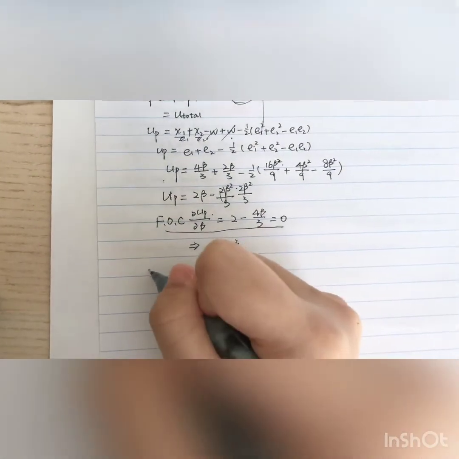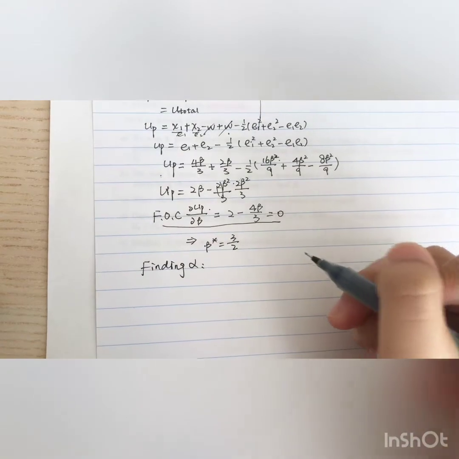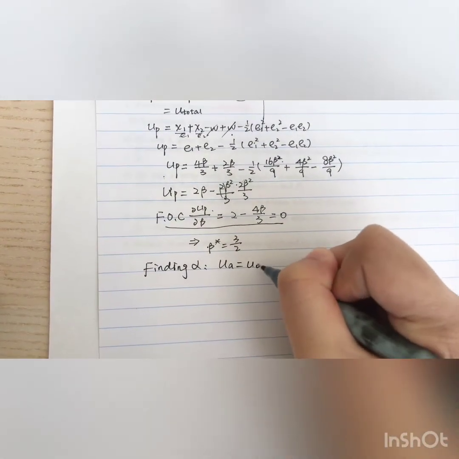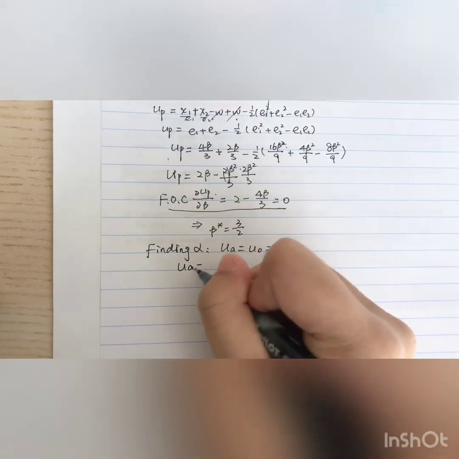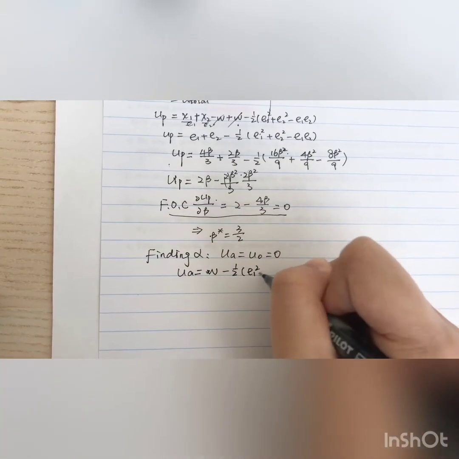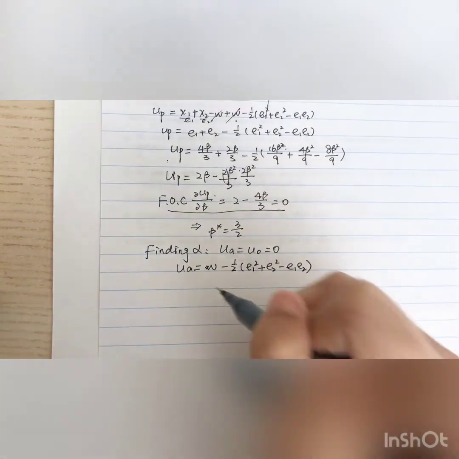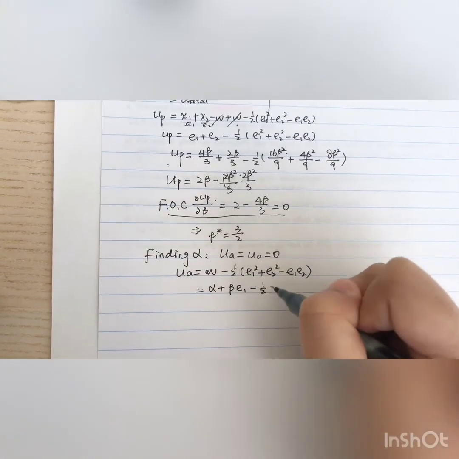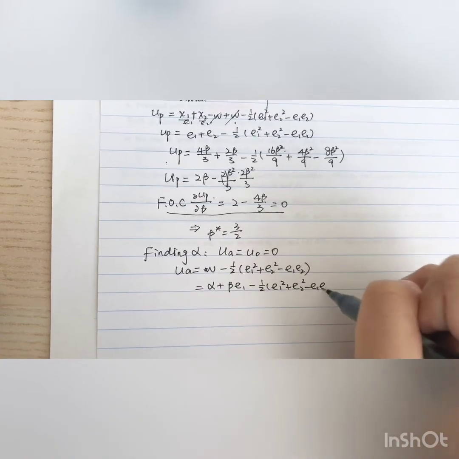So then we just find alpha. To find alpha, we start with UA equals U0 equals 0. So UA equals W minus half in brackets E1 squared plus E2 squared minus E1 E2 equals alpha plus beta E1 minus half in brackets E1 squared plus E2 squared minus E1 E2.